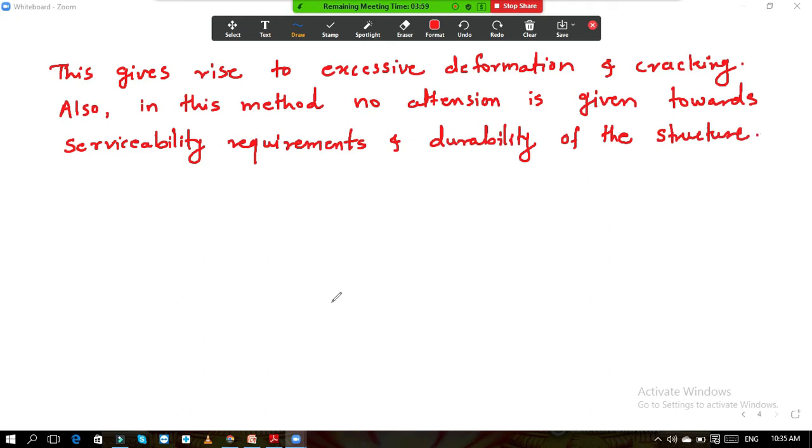Okay, so this is why nowadays this method is also outdated. Okay, so the ultimate state method or ultimate load method is not used nowadays. Okay, so it is not in use.